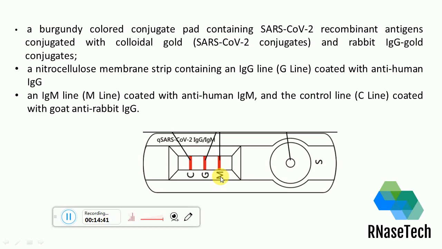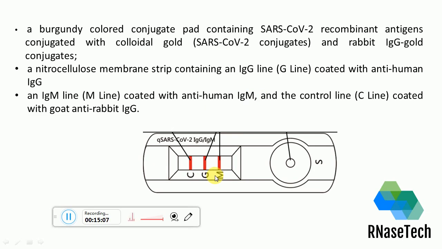Try to understand the concept here. A binding process is happening, or you can call it antigen-antibody interaction. The human body has antibodies against the virus infection, and here we have lined up the counterparts of those antibodies, anti-human IgM and anti-human IgG.